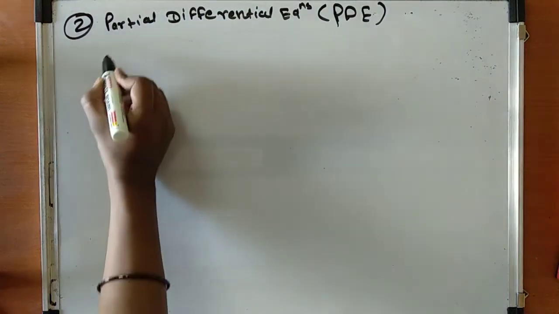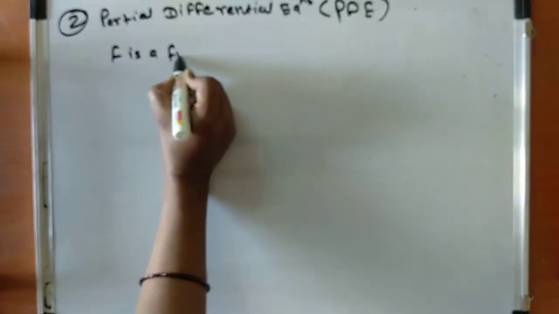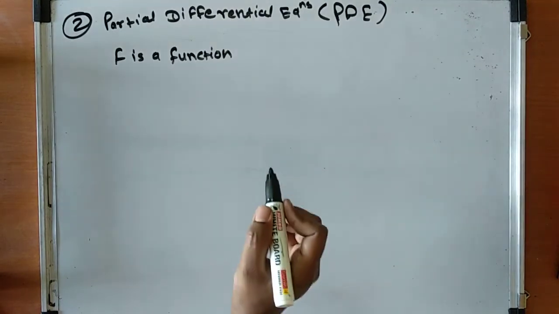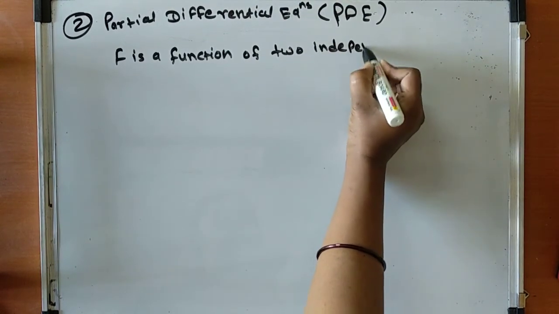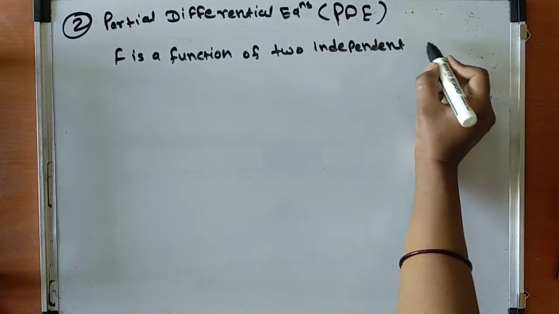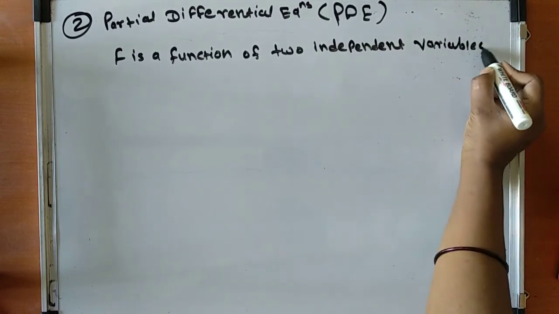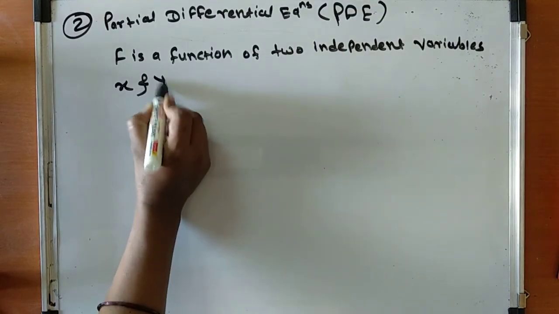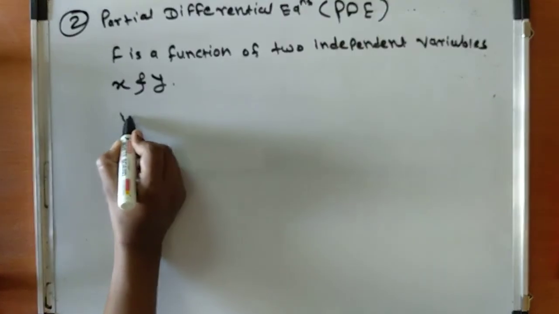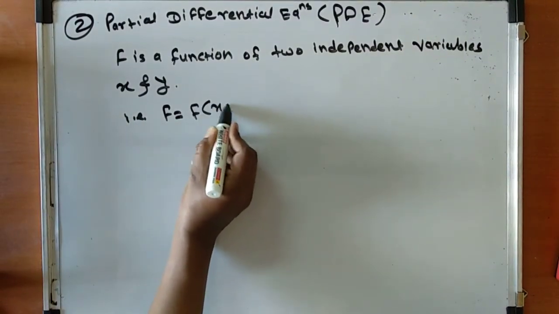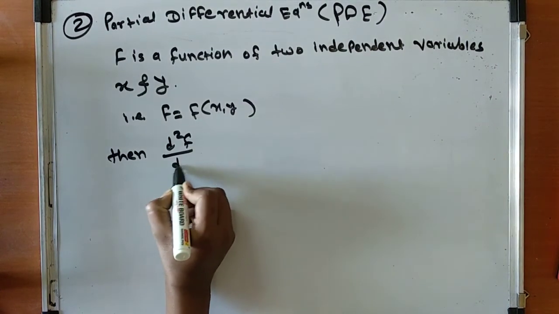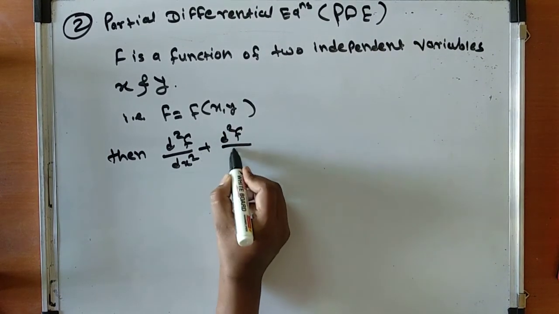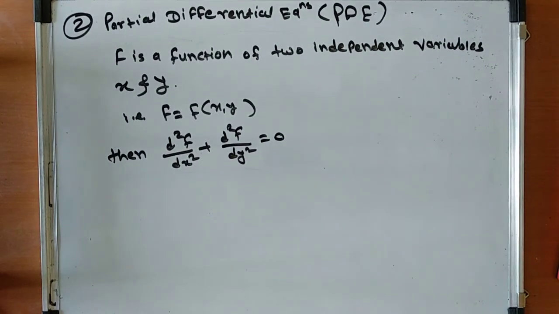If f is a function of two independent variables x and y, that is f is equal to f of x, y, then d2f by dx square plus d2f by dy square is equal to 0 is a partial differential equation.